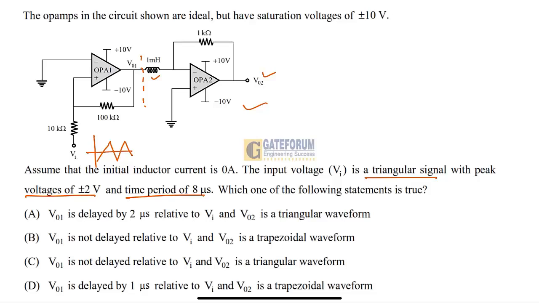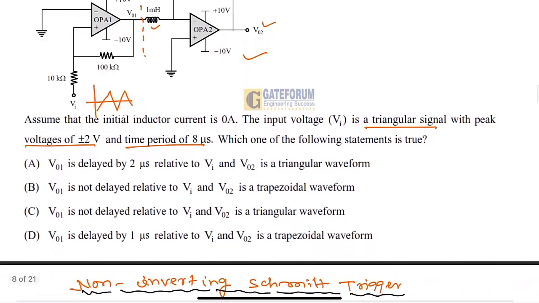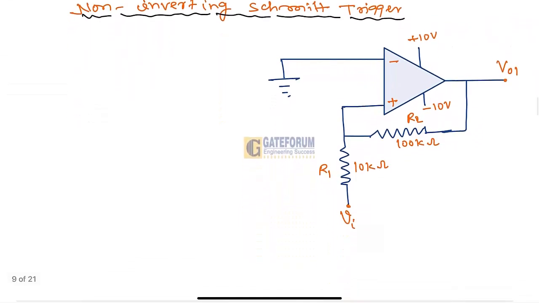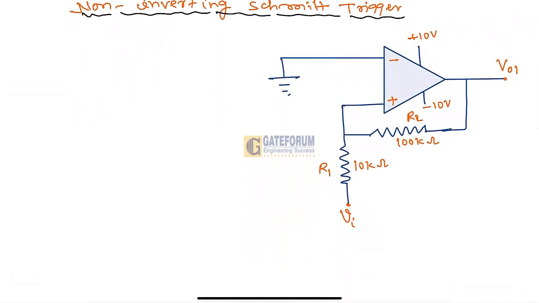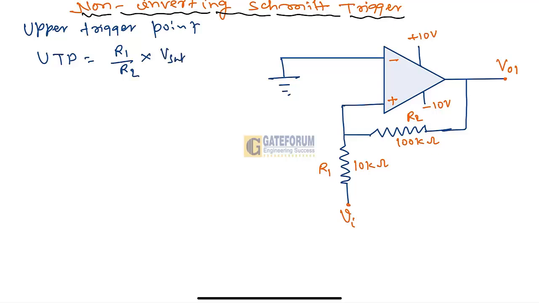First of all, we have to analyze the Schmitt trigger circuit. I'll take it out as a non-inverting Schmitt trigger circuit, and it looks like this. Here we can easily find the upper trigger point, which we denote by UTP, given as R1 divided by R2 into plus Vsat.